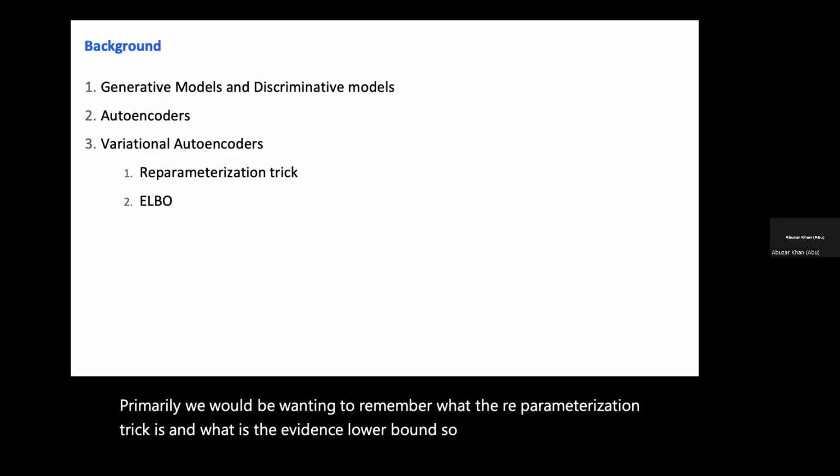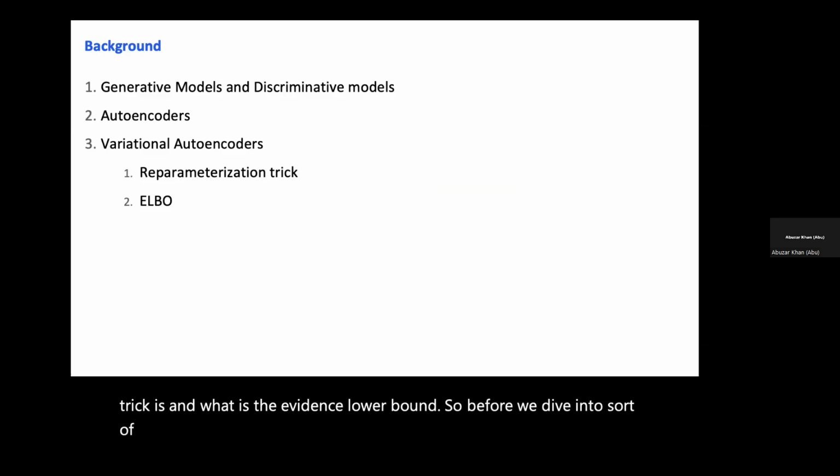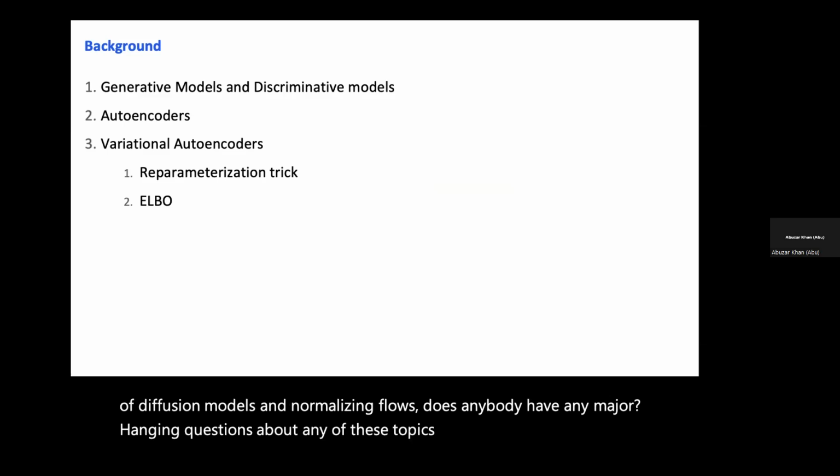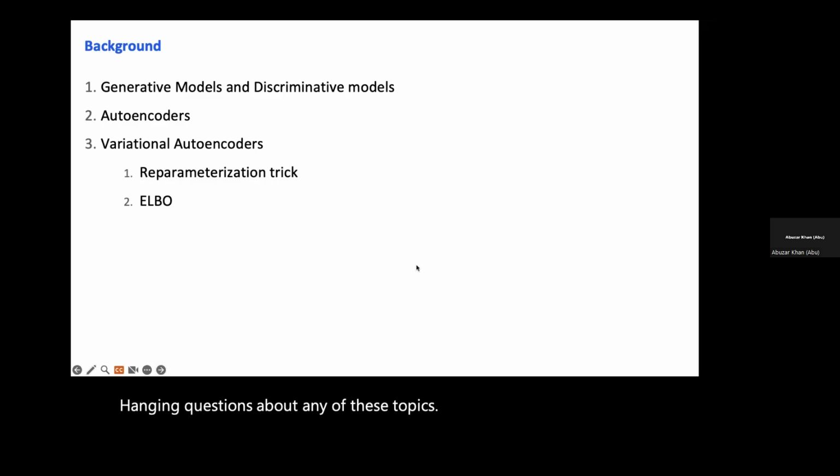So before we dive into diffusion models and normalizing flows, does anybody have any hanging questions about any of these topics? Cool. I would take that as a no. I'm glad we are all good to go.